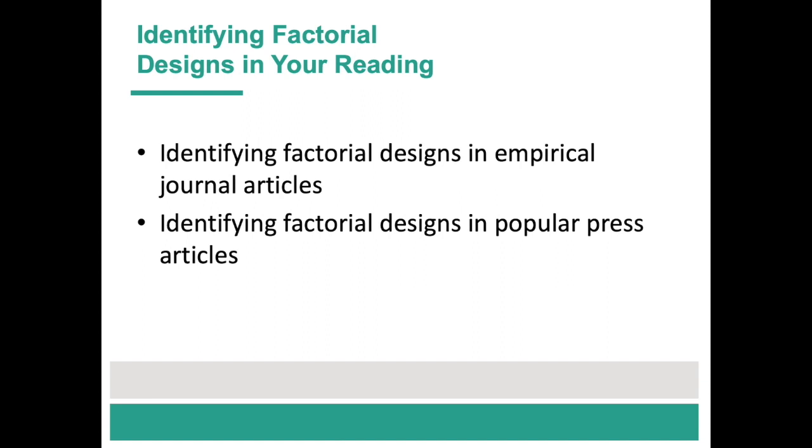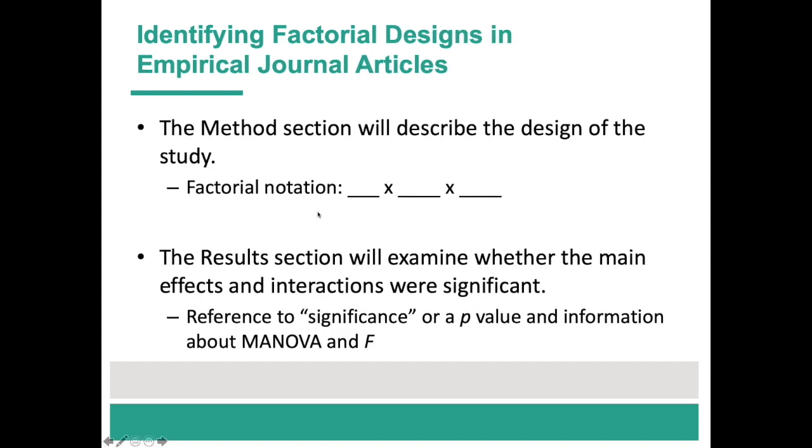So when it comes to actually finding this in your articles that you're reading, there's some clues that we can look for. So first, in the method section, if it has some factorial notation, so it says like 2 by 3 by 2, that's suggesting that it's a 3-level factorial design.